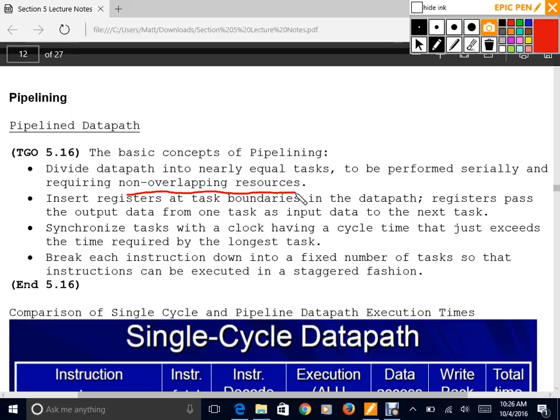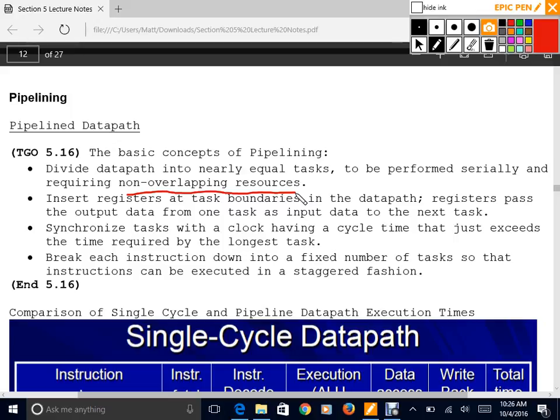So what we're going to do is actually insert registers between the task boundaries. Even though it's one data path, and we've talked about these stages, fetch, decode, execute, memory, write back, the reason why I broke it down in the TGOs was not just to help you understand how the single cycle data path works, but how to break everything down when we get to pipelining.